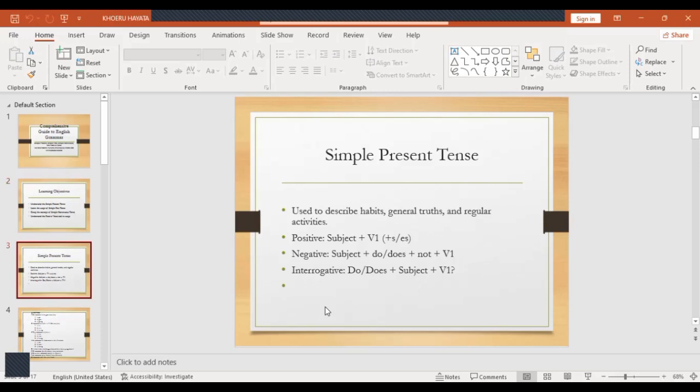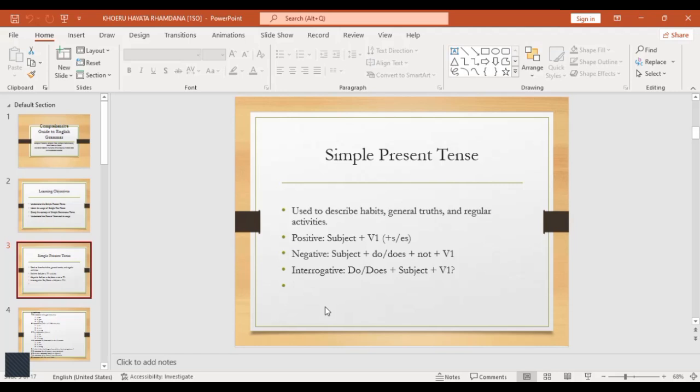For example, I eat breakfast at 7 a.m. For the subjects he, she, or it, we add s or es to the verb. For example, she plays the guitar.